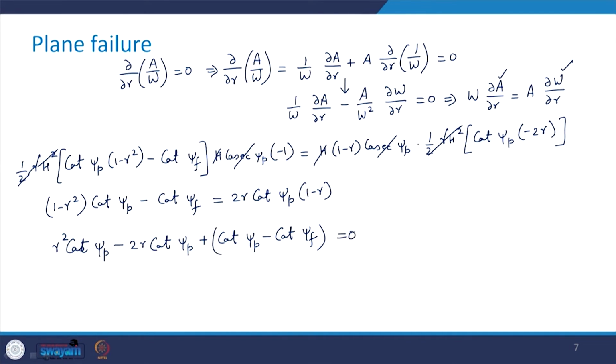Now, you see this is a quadratic equation in r. It is like a r square plus b r plus c equal to 0, of this form.